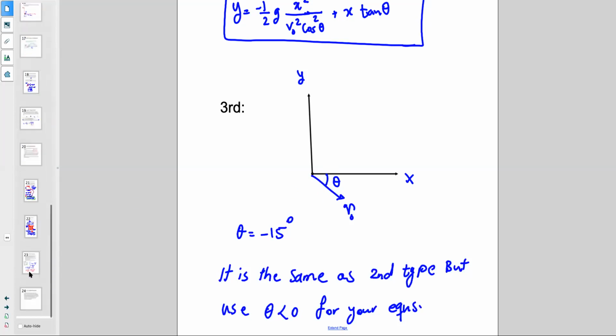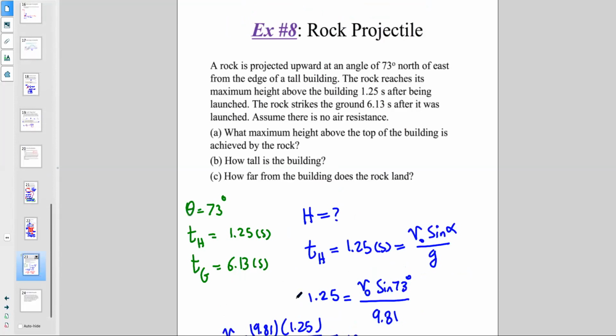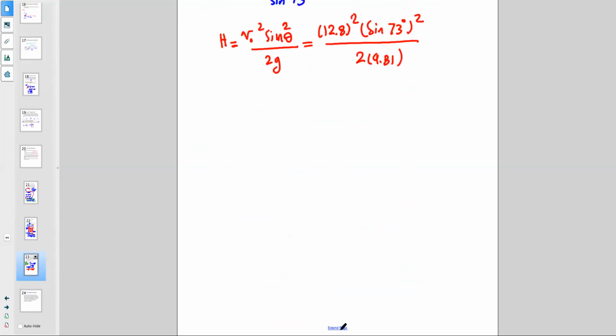If I want to draw it, I have to draw something like this. So that is the building, and the velocity of 12.8 meters per second.